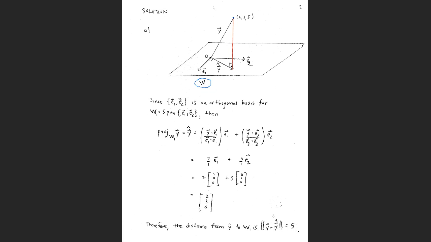It's easy to see that the set E1, E2 forms an orthogonal basis for this space W1, and I guess I should label this W1. Okay, that's W1 there.